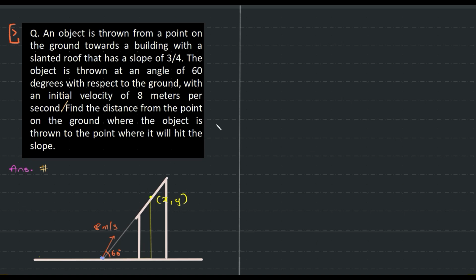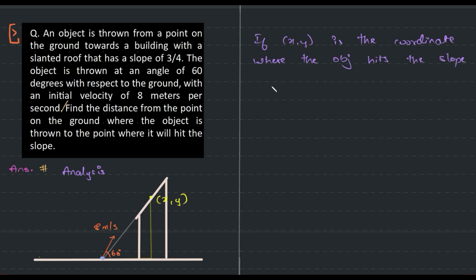Okay, let me give the clue. If x comma y is the coordinate where the object hits the slope, then y by x is equal to 3 by 4.